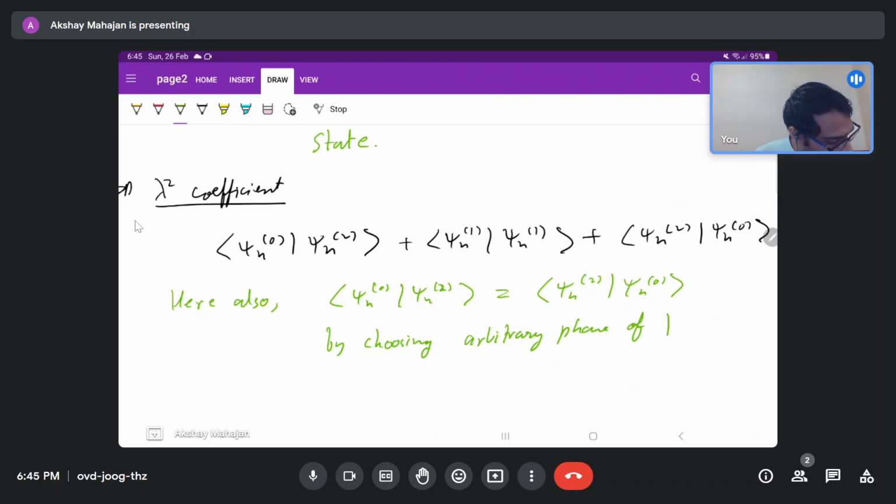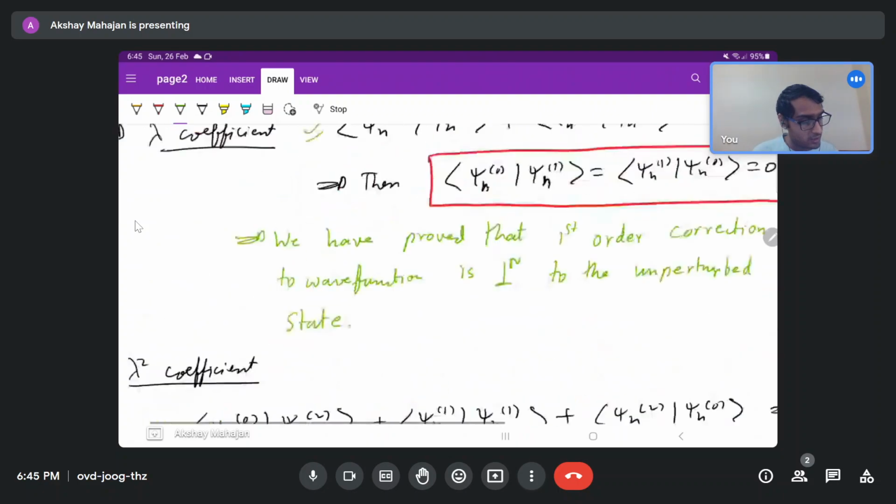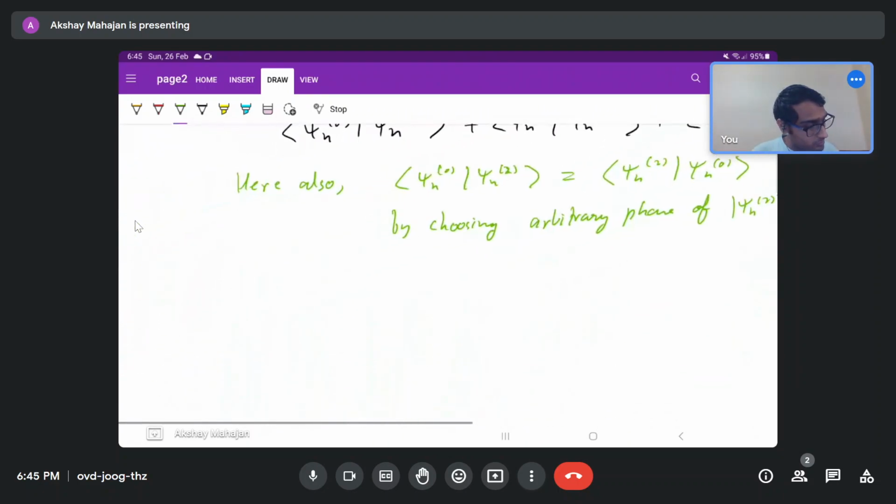So we can change the sign of the second order wave function and make this complex conjugate real.